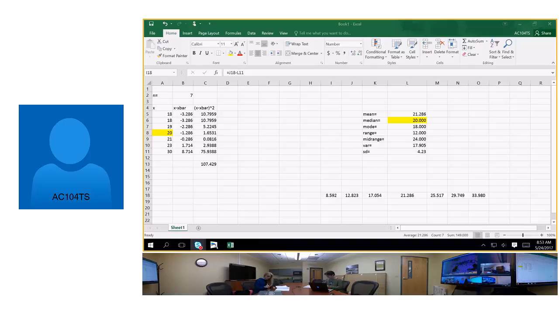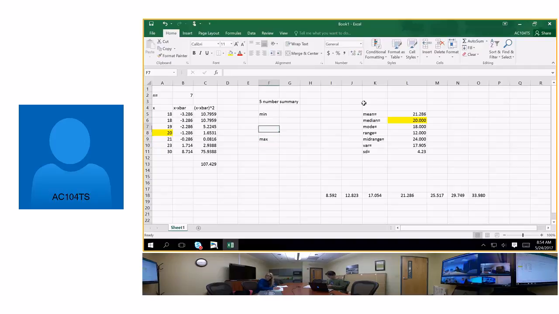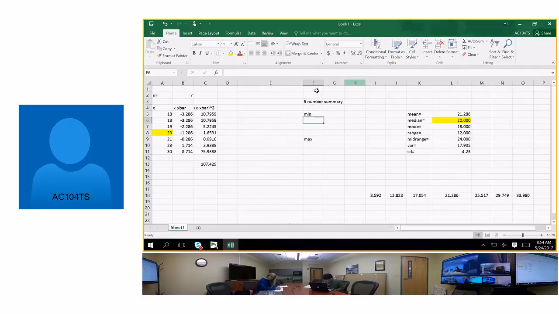Okay. Now, there's something else I want you to know about, and that's the 5-number summary. You're going to see it later on, but I'm going to go ahead and show it to you. The 5-number summary is real easy. The min, and the max is on the bottom. I'm going to extend this a little bit so I can put some notes right here.